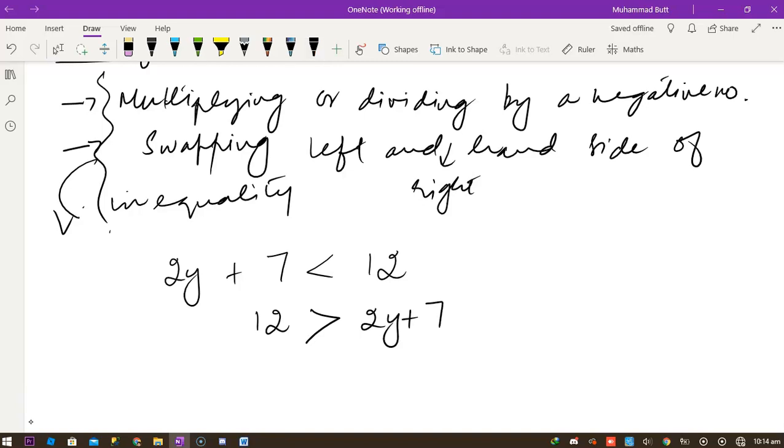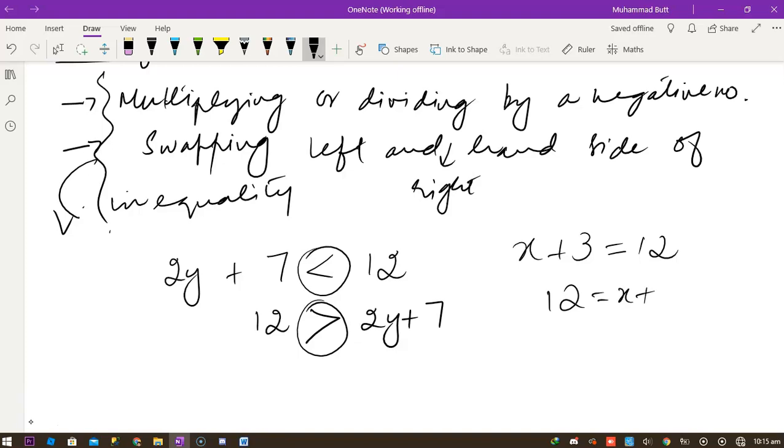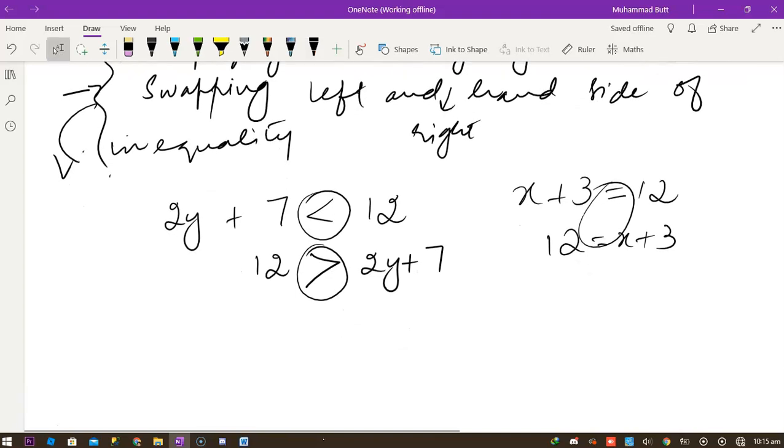So that's what I'm telling you, that when you have to swap the sides in inequalities, you have to change the sign. Whereas in a linear equation, this rule does not apply. If x plus 3 equals 12, then you can simply write that 12 equals x plus 3. In this case, we do not change the sign, but when you are doing inequalities, if you are swapping the sides, you have to change the sign of the inequality.